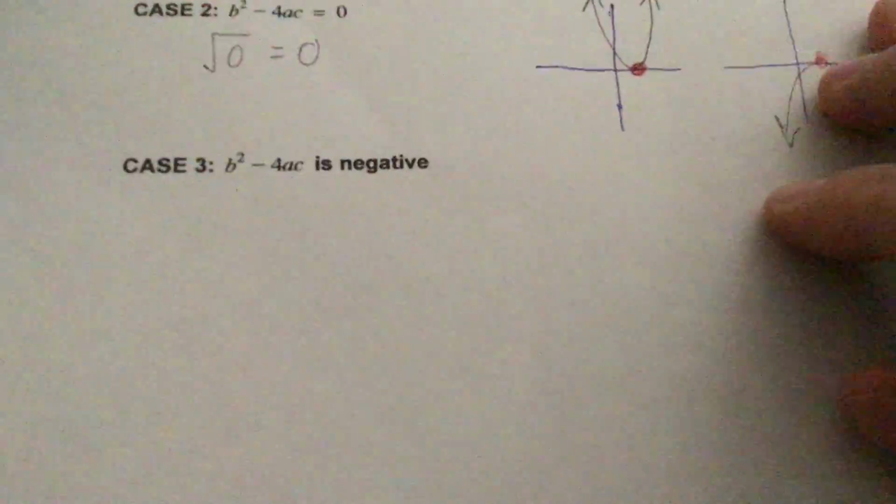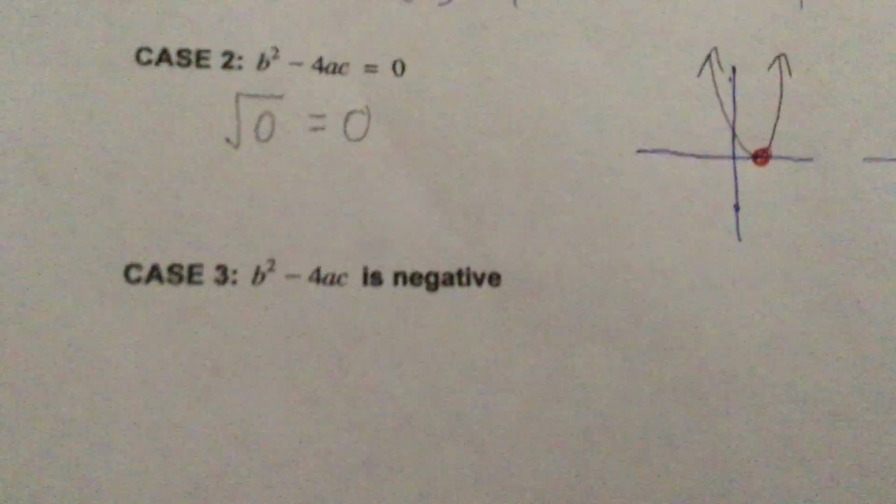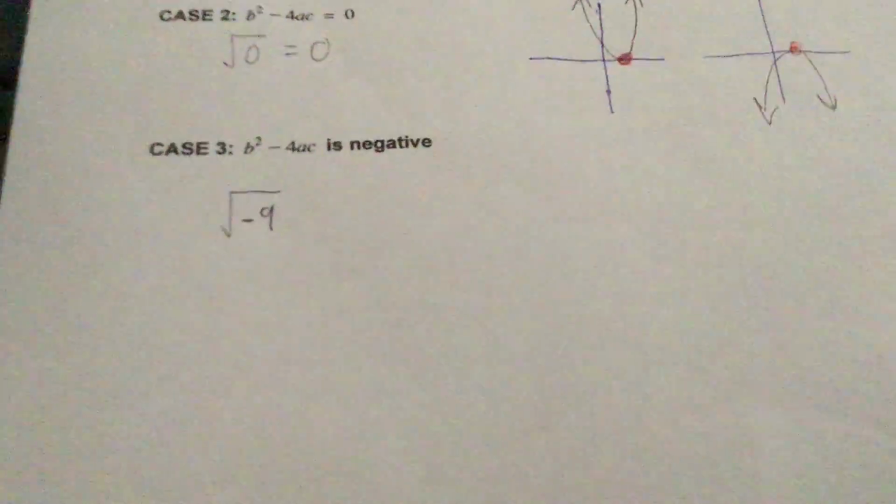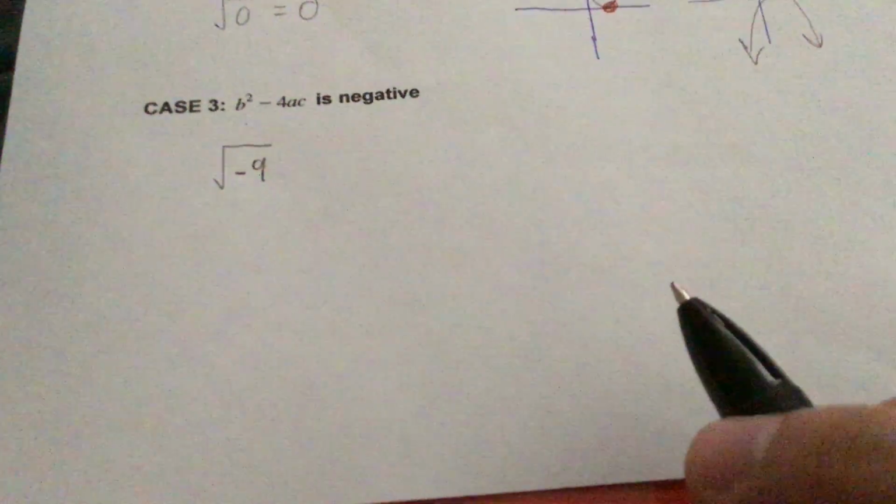And now, if b squared minus 4ac is negative, well, let's take an easy square root, like 9, but we'll make it negative 9. In other words, what number times itself is negative 9? Well, I'm just going to use my logic. Let's go with 3 squared. 3 squared is equal to 3 times 3. Well, that's positive 9.